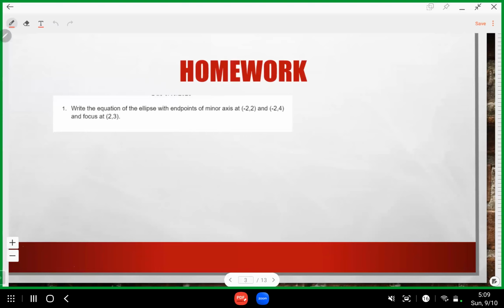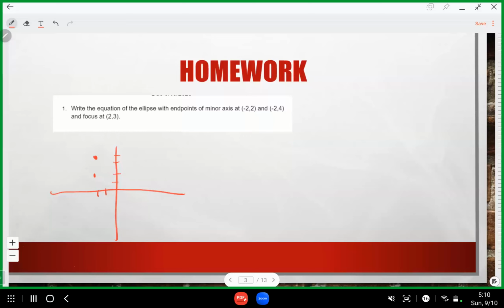First, let me draw the coordinate plane here and plot these points. It's -2, 2, and then -2, 4. So that is the length of the minor axis. 2 is the length of the minor axis.